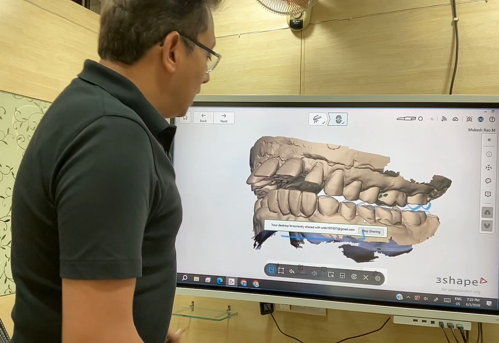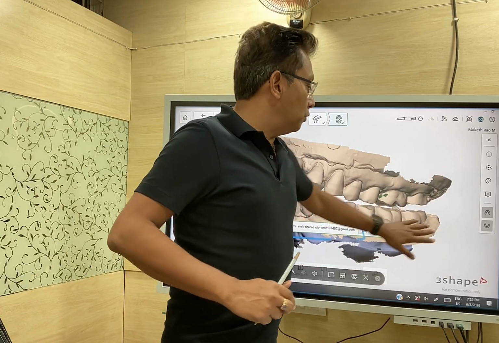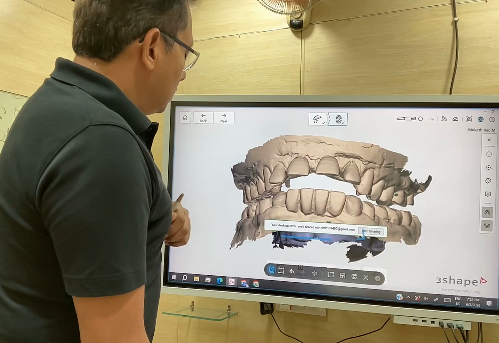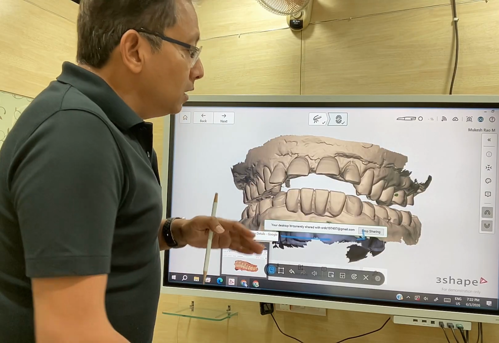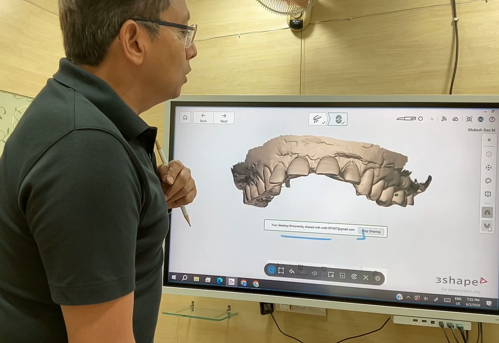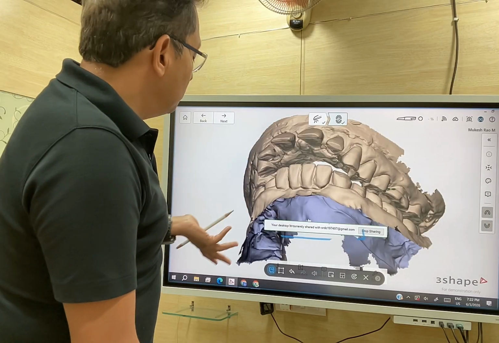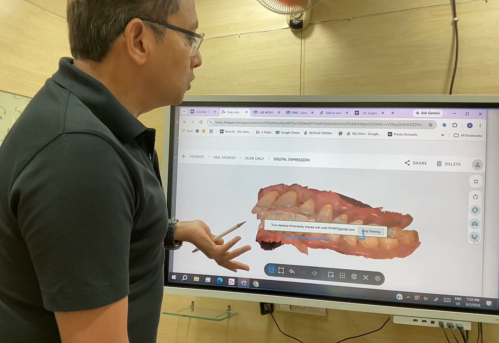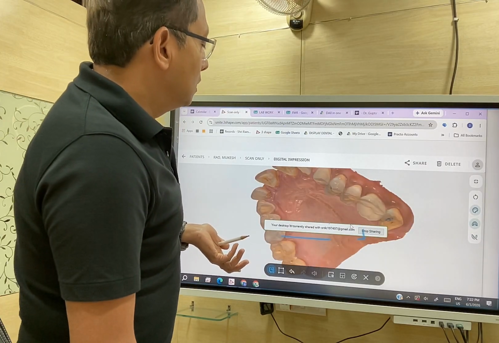So if we treat the bite, we have to create the occlusal locks, and at that time the teeth will not end up with root canals more, because right now the teeth have become sensitive. If you see these teeth, there is no enamel.